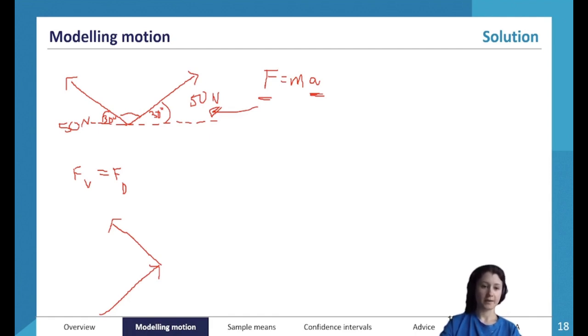The complicated thing now is actually just remembering those angles. So we know that we both have 50 newtons here, 50 newtons here, and we know that this is our resultant vector, but we still have those angles. So the angle that was already present is this one, which is 30.